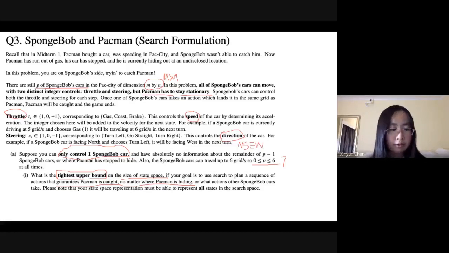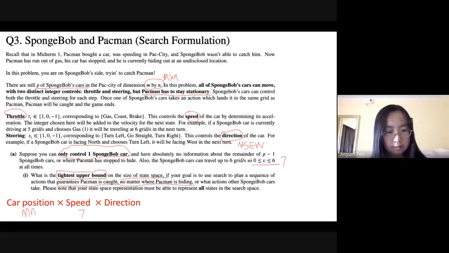So basically, to compute the size of the state space, firstly, we need to consider the car positions times speed times direction. So recap that it is nm times 7 times 4. But the remaining thing is that we need to guarantee Pac-Man is caught.